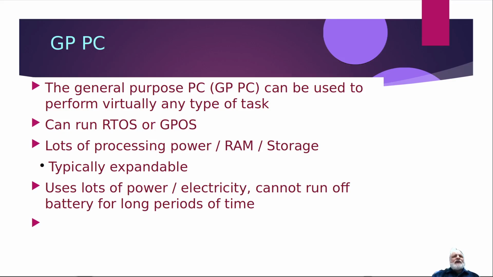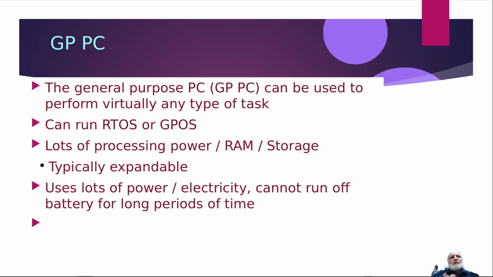Now, the default OS, like Windows and Linux and Mac OS, these are not designated real-time operating systems. However, there are real-time operating systems that you can download for a general PC.